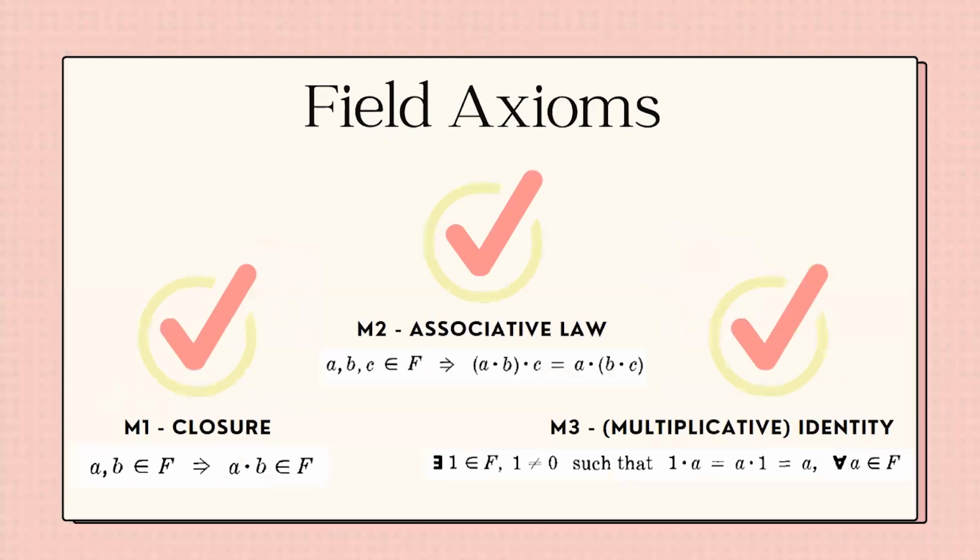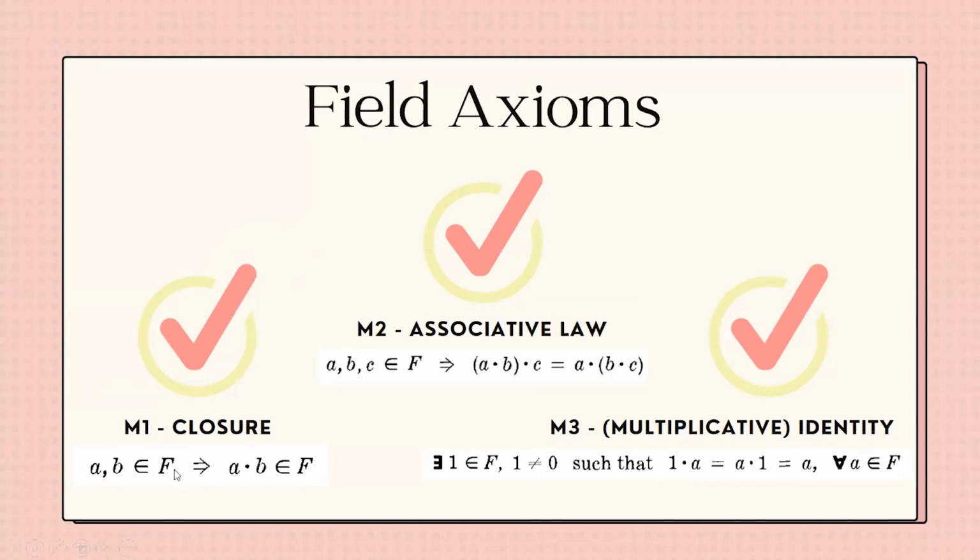Then let's move on to the next property, where M stands for multiplication. For all elements a, b of F, there exists a unique element called their product, which we denote by ab or a times b.